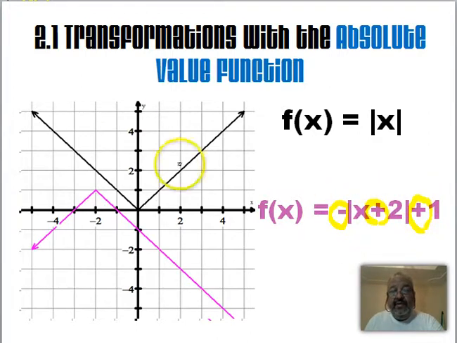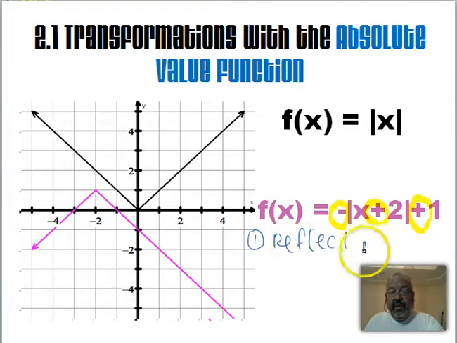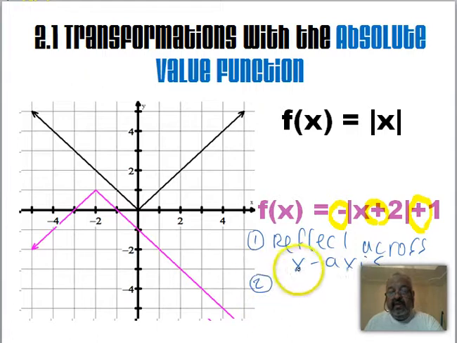The 3 things were: reflect across the x-axis. That's one thing that happened. It flipped it over, but don't say flipped it over.